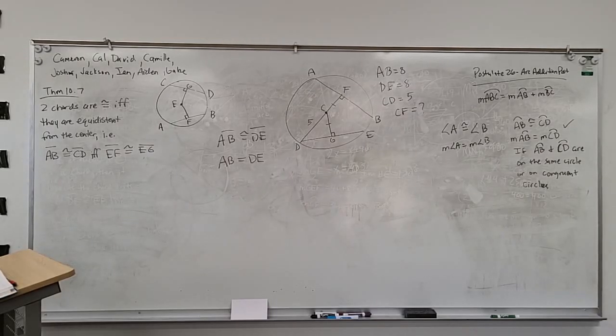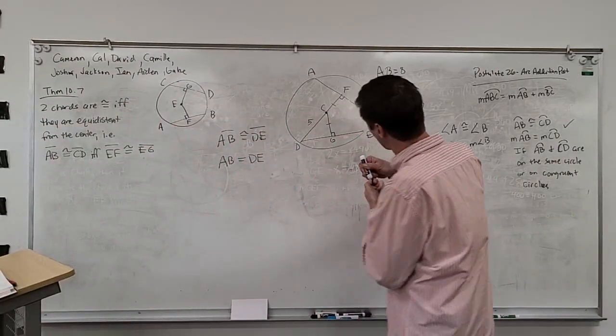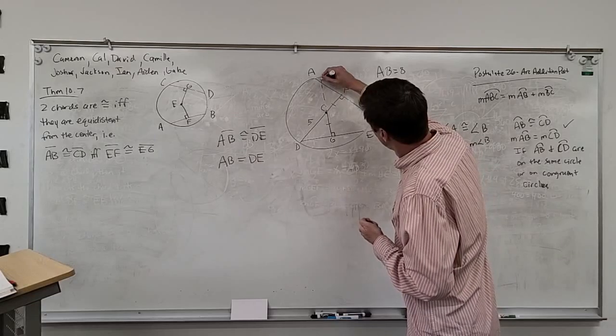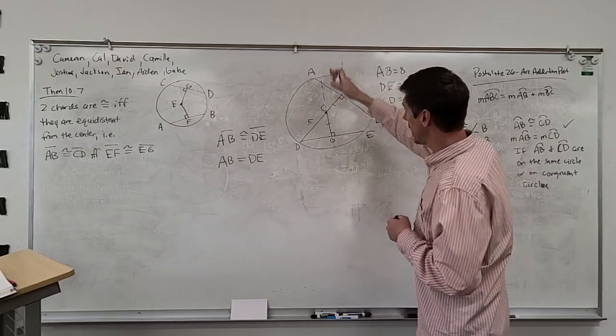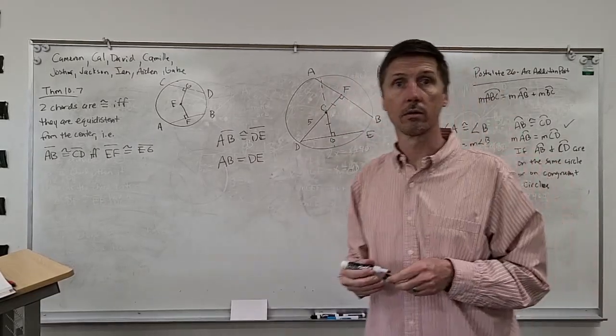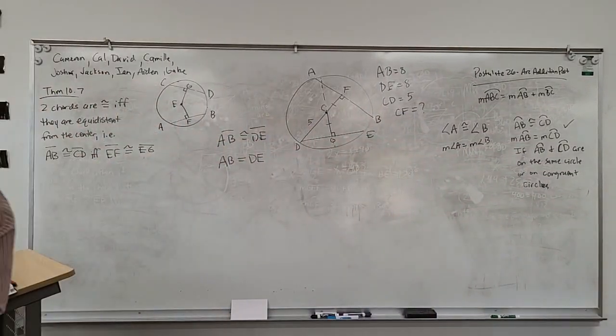Yeah, and it starts at the center. So if we extend this on through, then what we actually have here is a diameter intersecting that chord at 90 degrees. The reason we know that it bisects it is because of theorem 10.5. So that tells us that it's bisected.